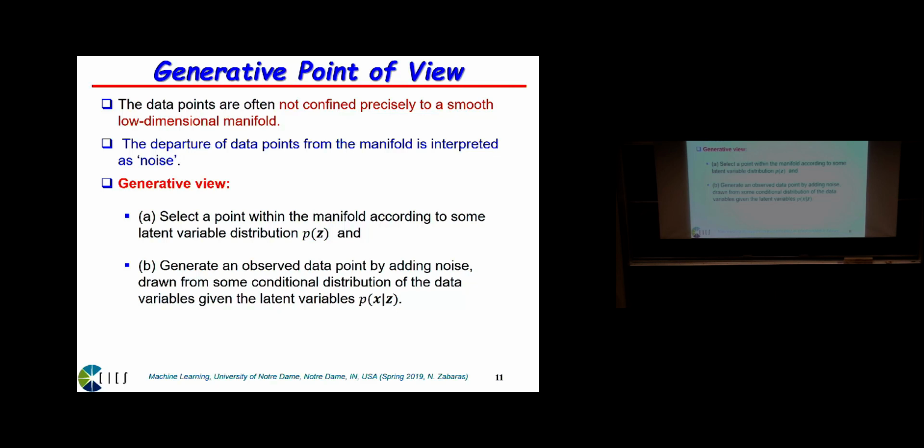Somehow, if the data come from some distribution P of x, we would like to use this as a mechanism to sample from P of x. So in the previous case, if I give you, let's say, 1,000 digit 3s, I would like you to have a model that can produce as many other 3s as you like that come from the same distribution. So that's a generative view of this unsupervised learning problem.